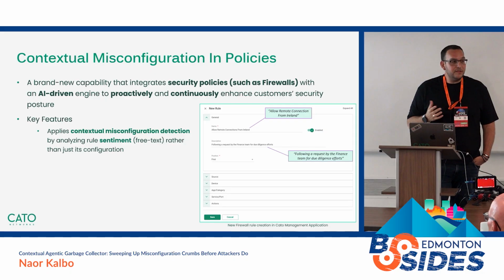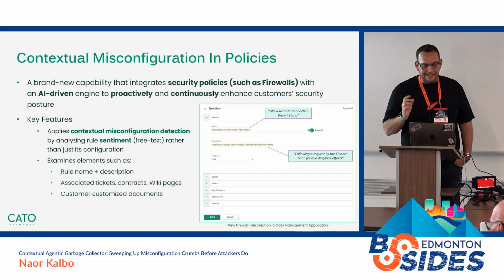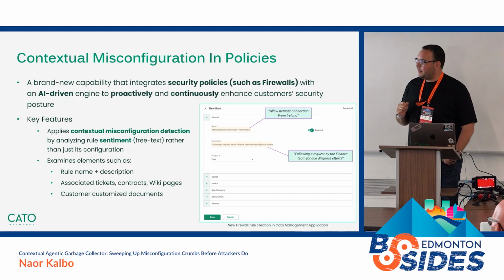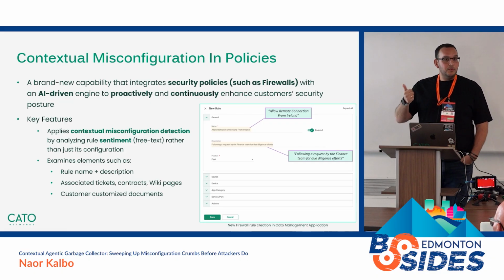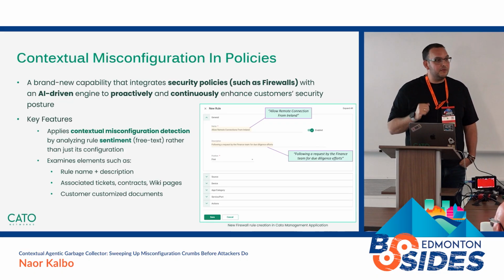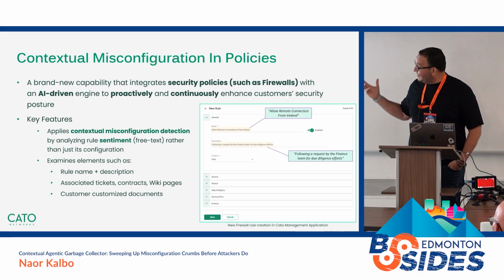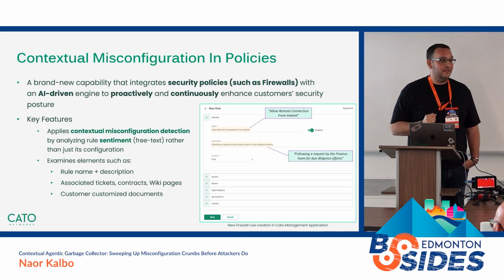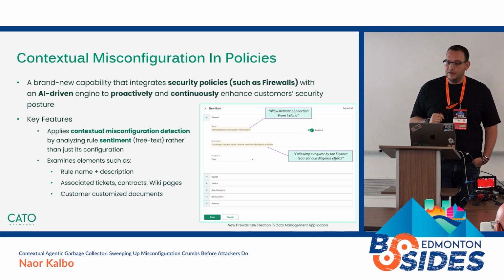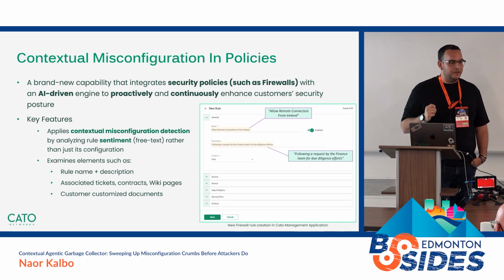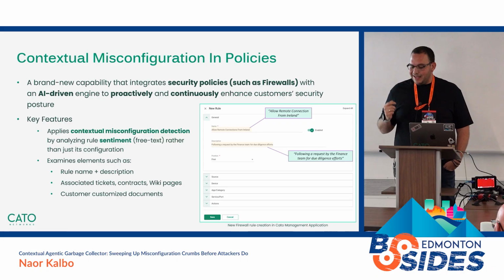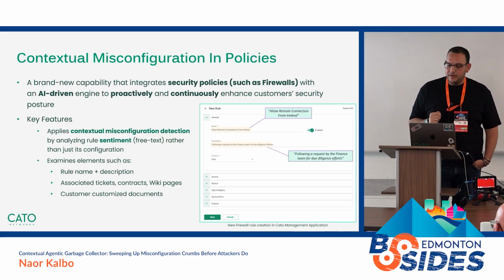Simply because it's not possible. We are doing that by examining data types, such as the rule name, the rule description, the associated tickets for that specific rule, contracts, wiki pages, Confluence pages, and basically any other relevant documents if there are any.